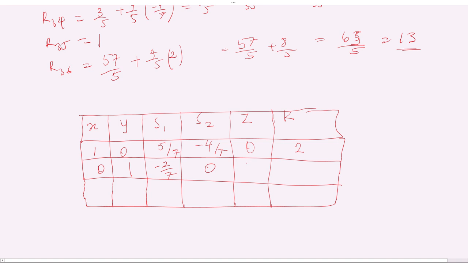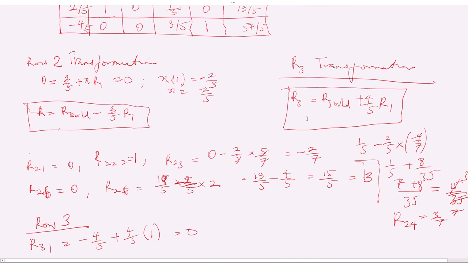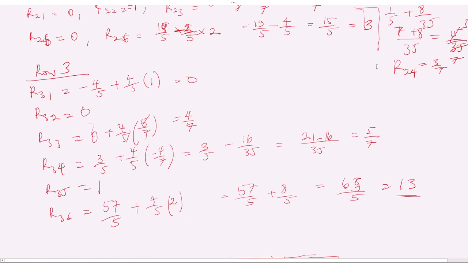Sorry, that takes us a lot of time to correct. 3 over 7, then this is, I guess, 3, right? Yeah, it's 3. According to here, it's 3. So now let's fill for 3.